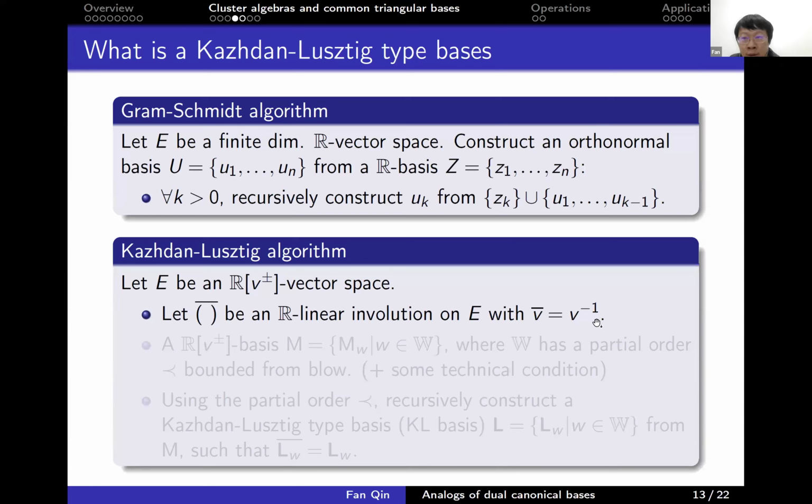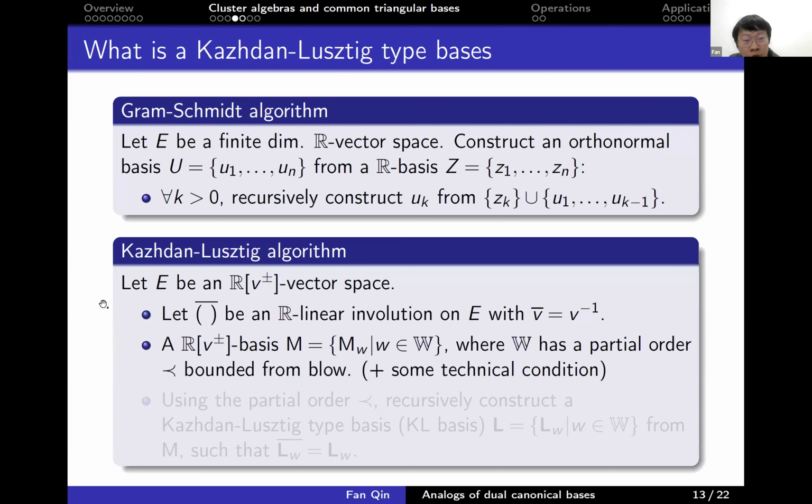This is the usual operation in quantum groups. And assume that you have a basis which is not very nice. It consists of basis elements M_w, for parameters w in some bigger set, and this set usually is a lattice or cone, such that this set of parameters has a partial order bounded from below, namely it has minimal elements. And we also need some technical conditions about the compatibility between the bar involution and these basis elements M, but let us omit the details.